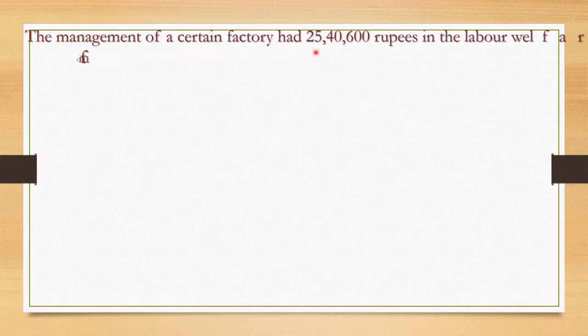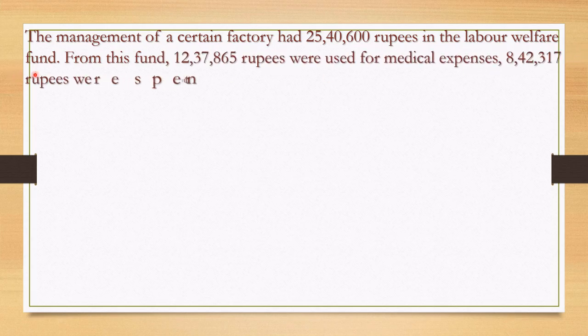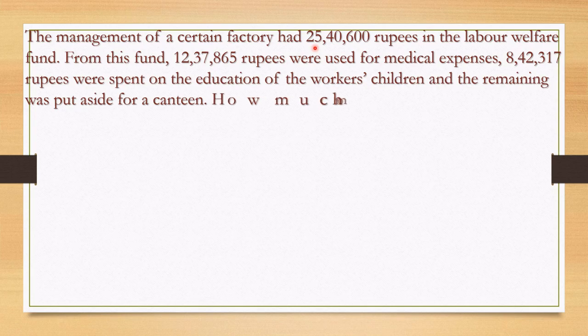Now, one more sum we will try. The management of a certain factory had 25 lakh 40,600 rupees in the labor welfare fund. Okay, in that factory there is a fund collected for labor welfare, that is 25 lakh 40,600.